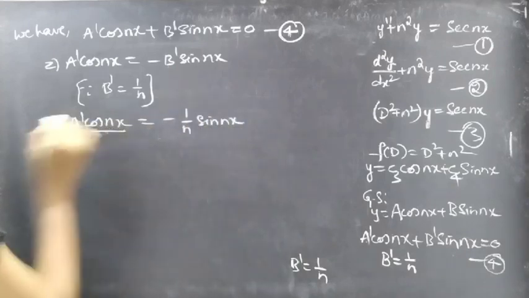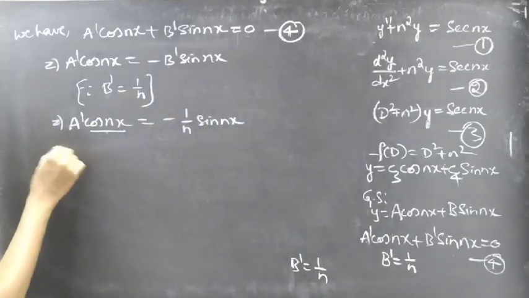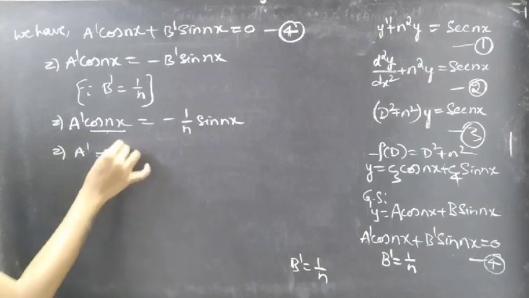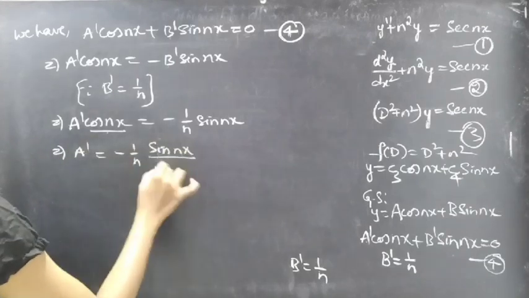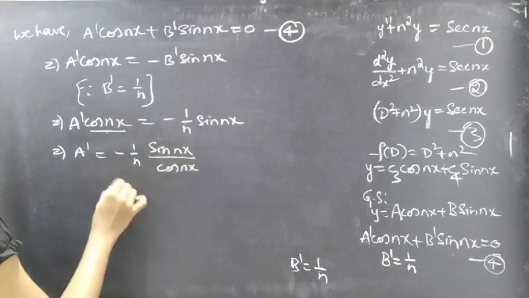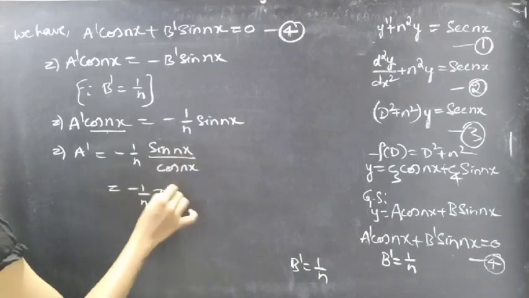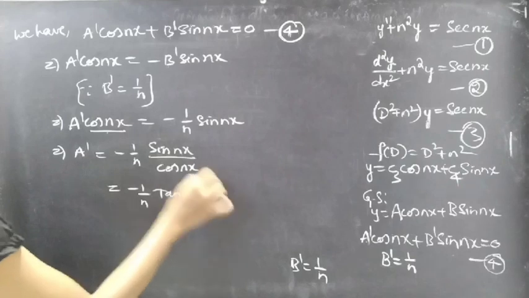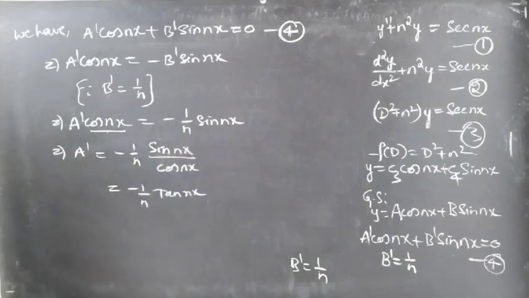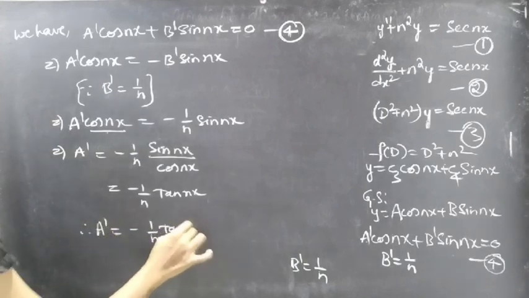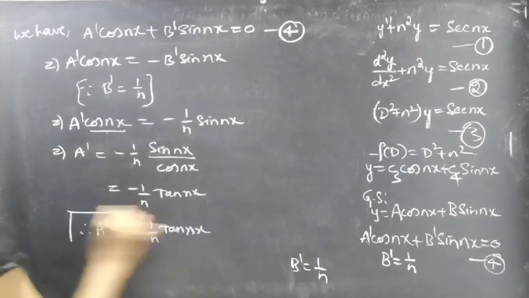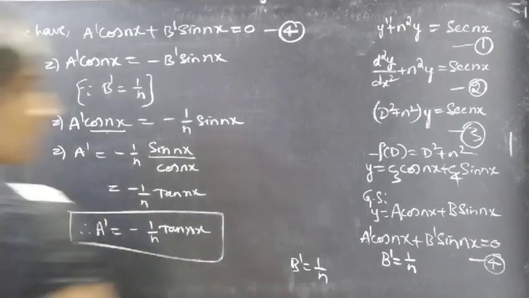Now take cos nx to RHS, we'll get a dash equals minus 1 by n into sin nx by cos nx, which equals minus 1 by n into tan nx. Therefore a dash equals minus 1 by n into tan nx. We got a dash and b dash.